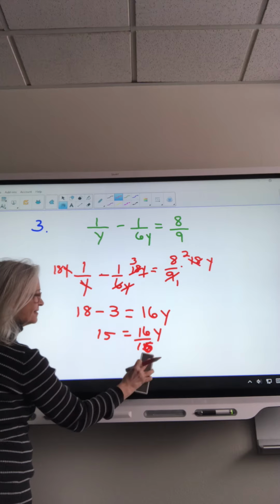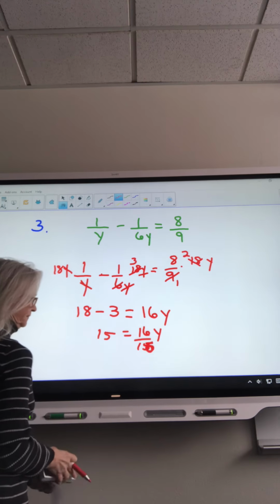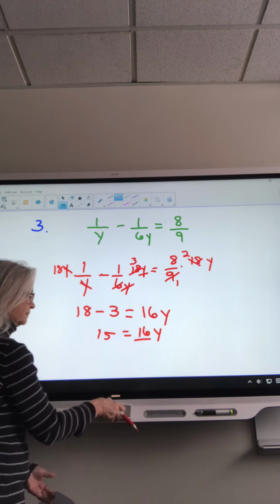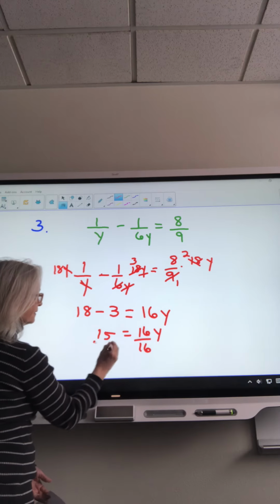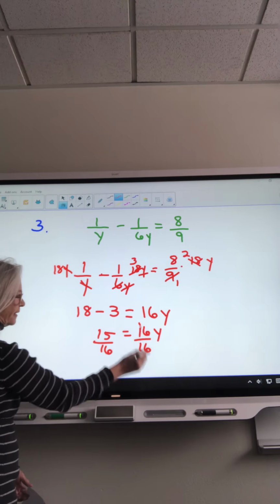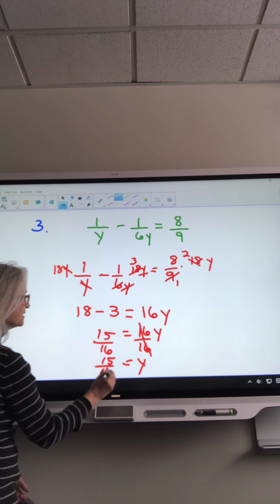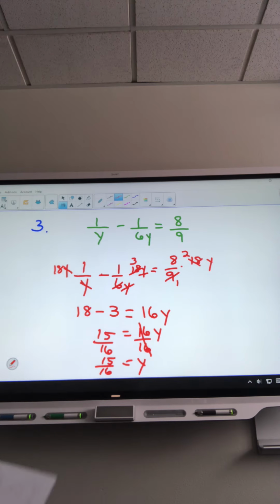Wow, that looks nasty. Cancels out, so y then is equal to 15 over 16, which can't be reduced, and that was not one of our solutions. So 15 over 16 is a good solution.